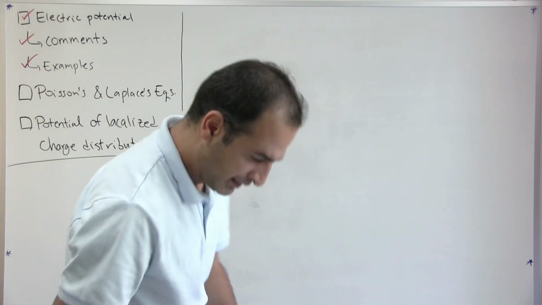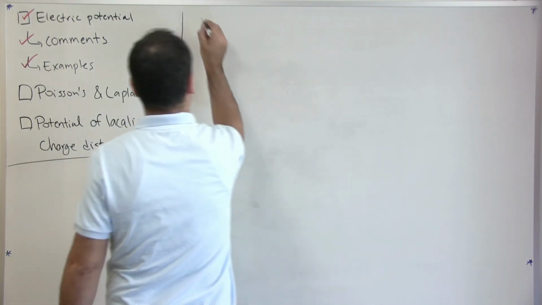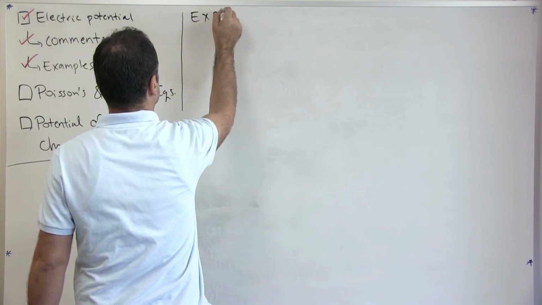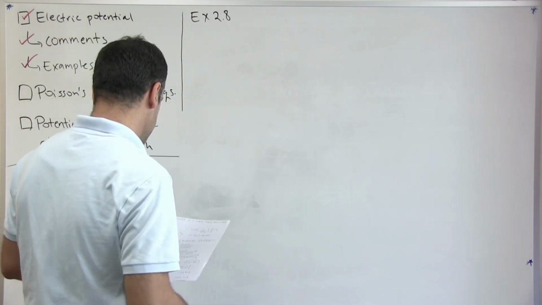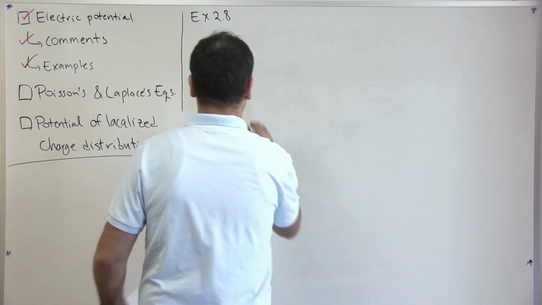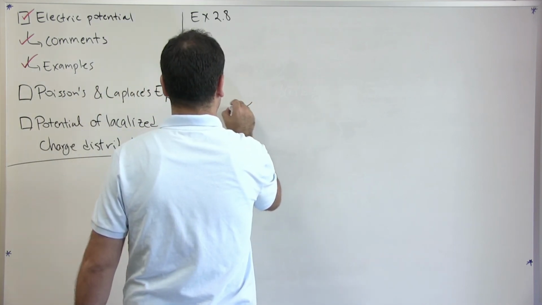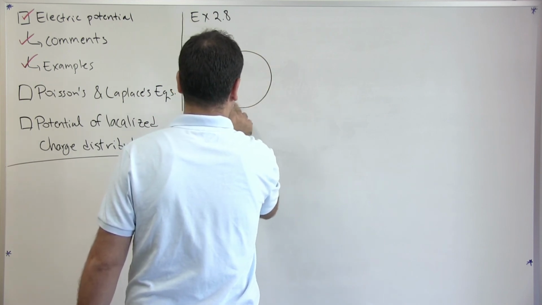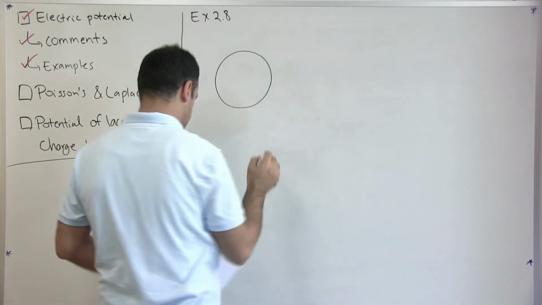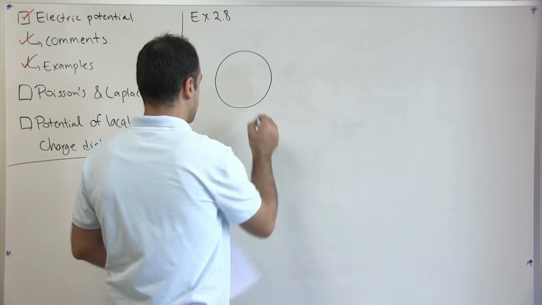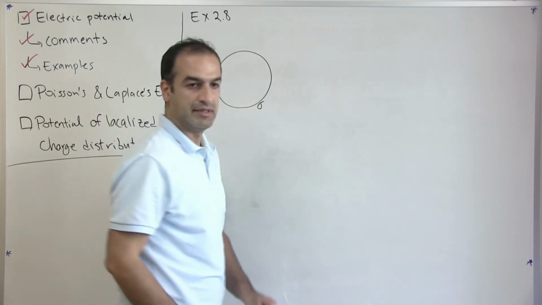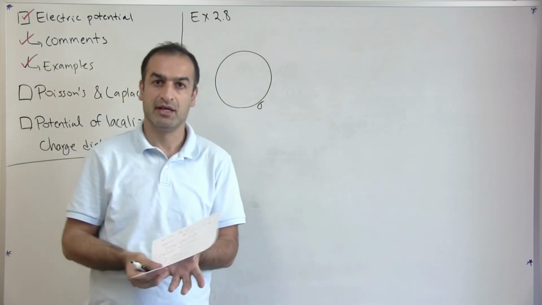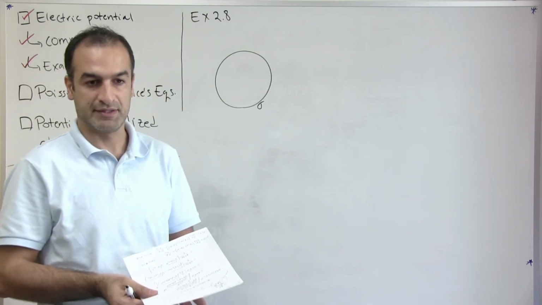So the example is example 2.8 from the textbook. What we have, very similar to the previous problem, is a spherical shell with the surface charge distribution of sigma, meaning that all the charge Q is distributed uniformly on the surface of the sphere.